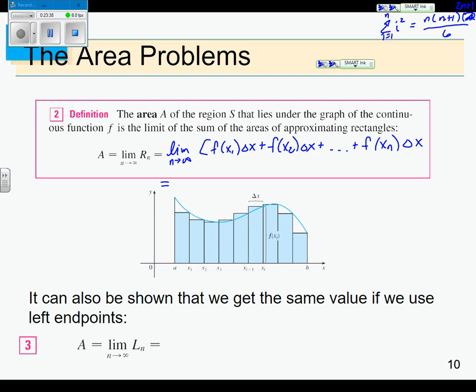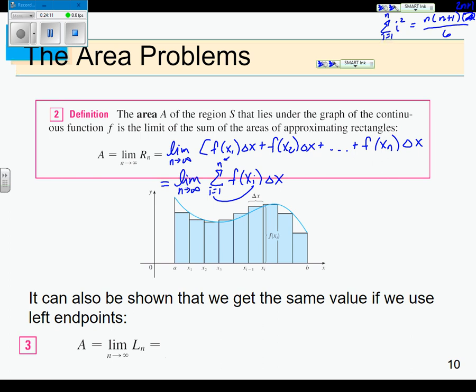So we can now say that the limit as n approaches infinity of the sum as i goes from 1 to n of f of x sub i times delta x, just meaning that i is going to go 1, 2, 3, 4, 5, 6, 7, 8, all the way until it reaches n. And that's going to be my sigma notation.